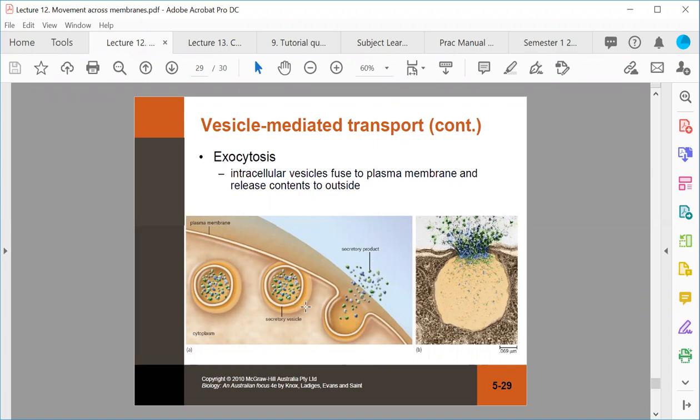So in this way, we have extra pieces of membrane that are being added to the plasma membrane. So that counteracts what we saw on the previous slide, where small regions of membrane were being lost as they were being internalised.